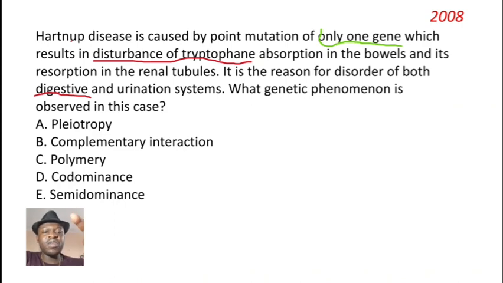You can see different systems which seem unrelated, but the mutation only happens on one gene. This phenomenon is known as pleiotropy. Point mutation, one gene affecting different systems. So the answer is pleiotropy.